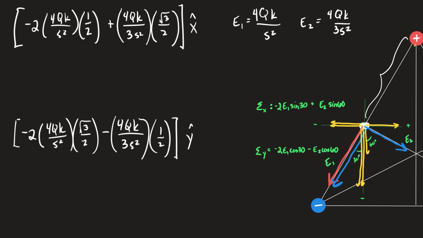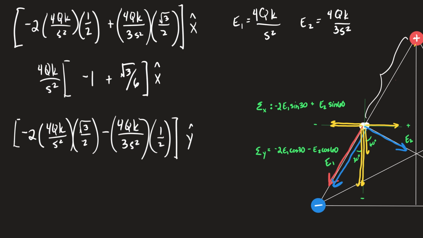I am noticing that in the x direction, every term has a 4qk over s squared in it. Are you noticing that too? So I'm going to take 4qk over s squared out, and what's left is -2 times 1/2, so -1, plus root 3 over 6. I think my algebra is good.